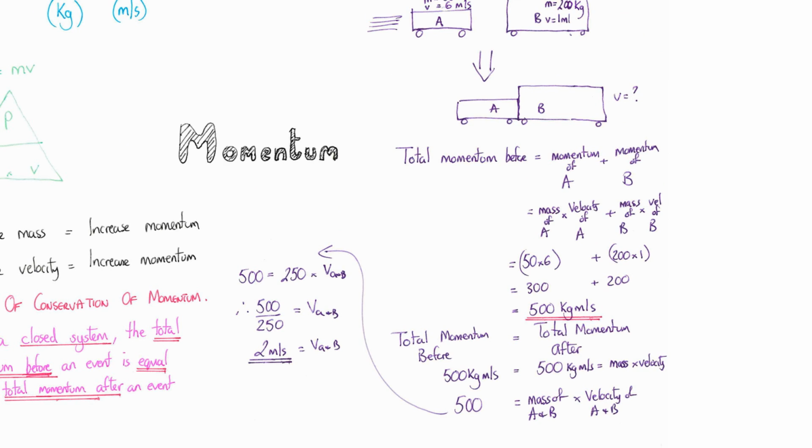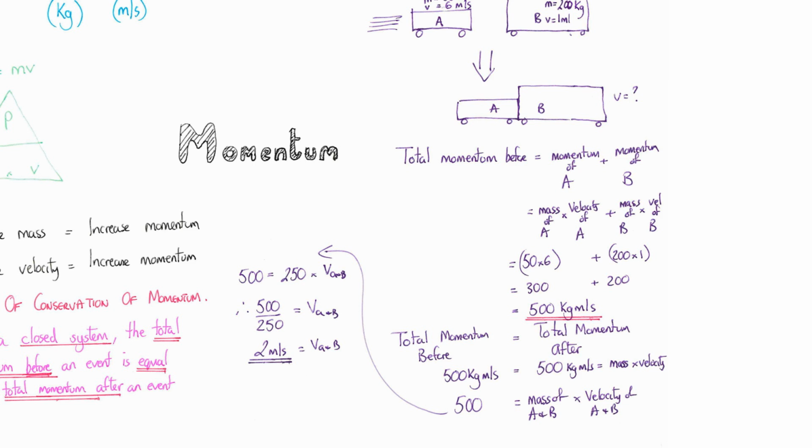You add those two together, you get 250. So you've got 500 equals 250 times the velocity. A and B are joined together, so they'll travel at the same speed. Now, if you rearrange the formula there, you get 500 divided by 250 will give you the velocity of A and B combined, and you can see that A and B combined will travel at 2 meters per second.